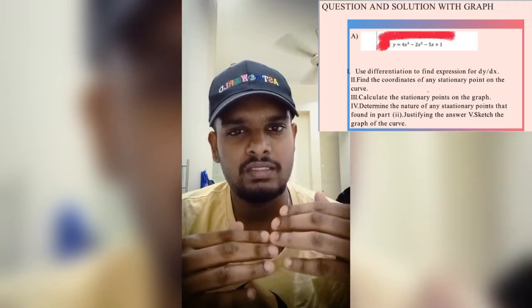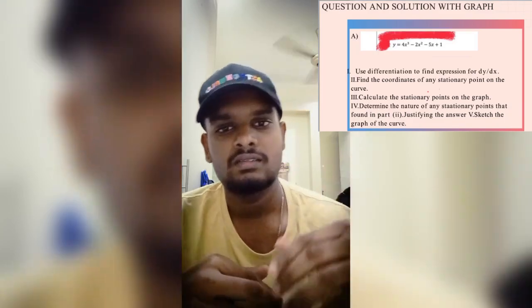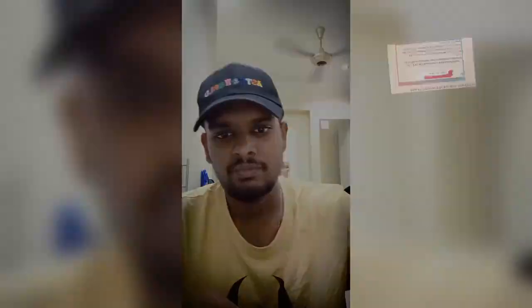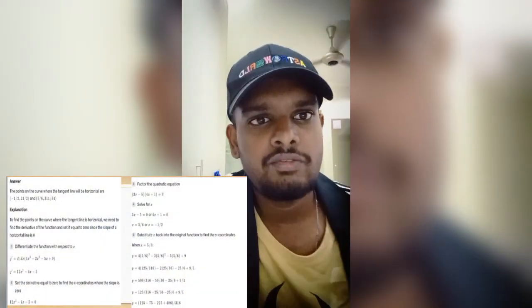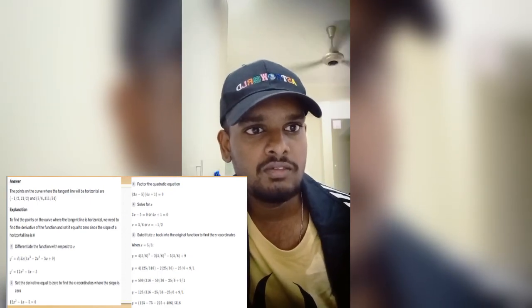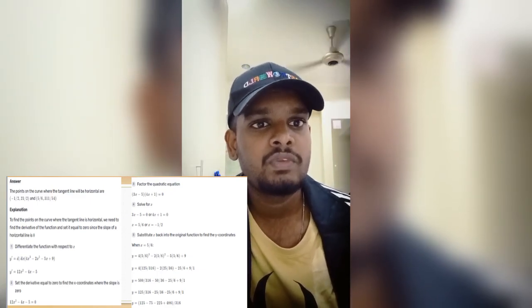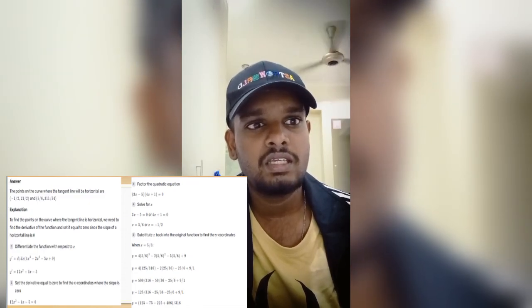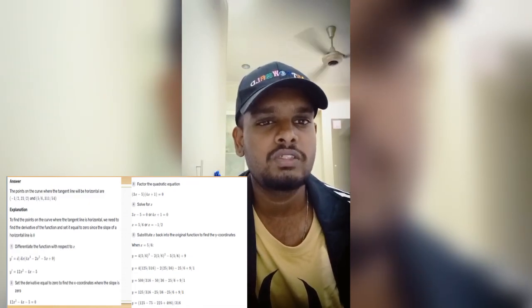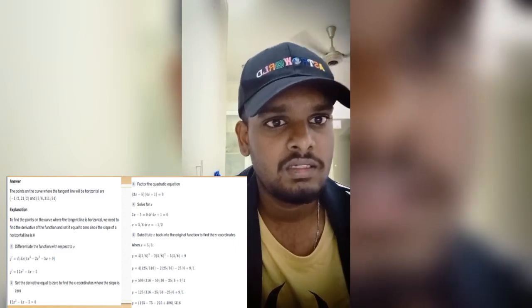Next slide, I would like to explain the working. To summarize this working, you can see how I did it yourself, but just to explain: firstly, we have to find the points of the curve where the tangent line is horizontal. We need to find the derivative of the function and set it equal to 0, since the slope of a horizontal line is 0.